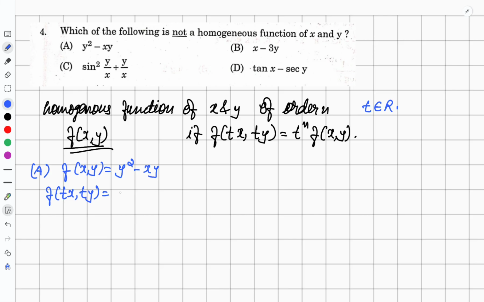So how do we find this? We replace y with ty and x with tx. That's all we have to do.